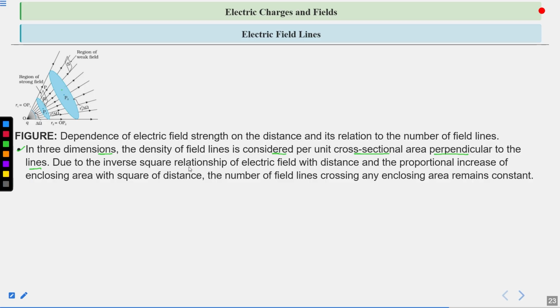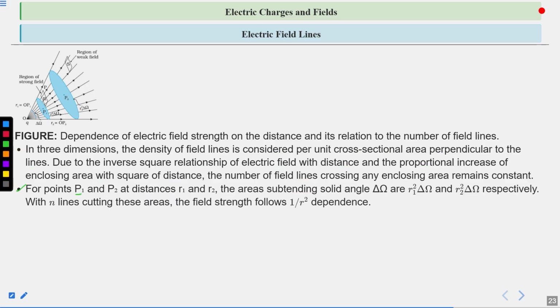Due to the inverse square relationship of electric field with distance and proportional increase of enclosing area with square of distance, the number of field lines crossing any enclosing area remains constant.